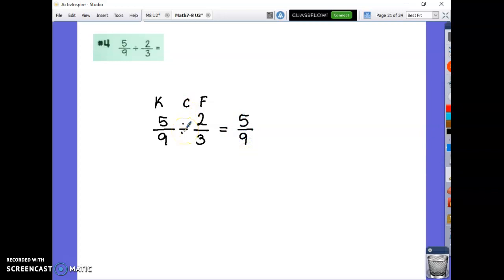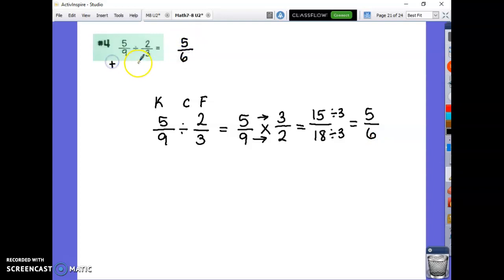Change that division to a multiplication, and then flip this last fraction, or take the reciprocal, which will give us 3/2. And now it's a multiplication problem, so you just multiply straight across. 5 times 3 is 15. 9 times 2 is 18. You can divide both 15 and 18 by 3 to get 5/6. So my final answer is 5/6. And remember, this is a positive divided by a positive, so my answer is going to be a positive 5/6.